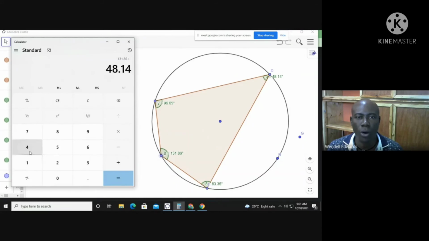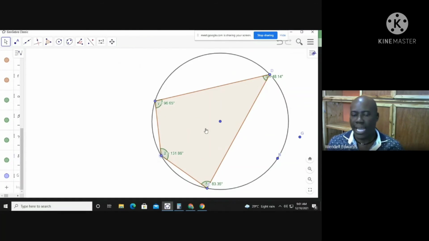I should get 180. 180 there still. And let me check the last one. This is opposite to this, and they should add to give 180. So it's 96.65, and we are adding that to 83.35, and I should get 180 degrees. So we're seeing where opposite angles in a cyclic quadrilateral do add up to give 180 degrees.